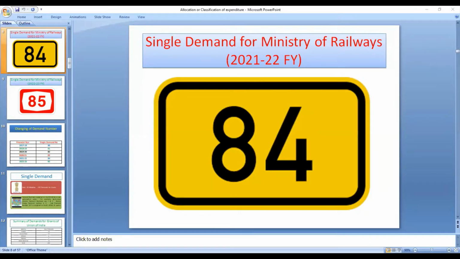Now please confirm whether the demand slide is moving or not. Please confirm in the chat box. It's showing 84, still 84, single demand for Ministry of Railways. I'll check.